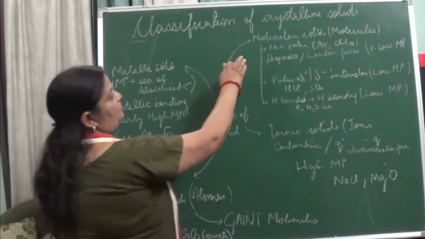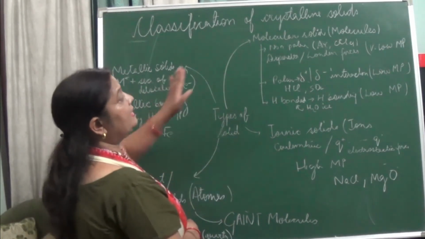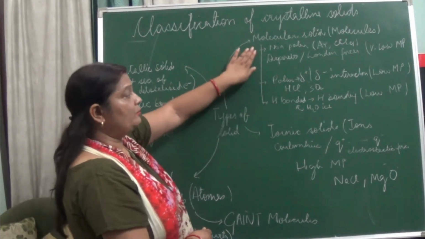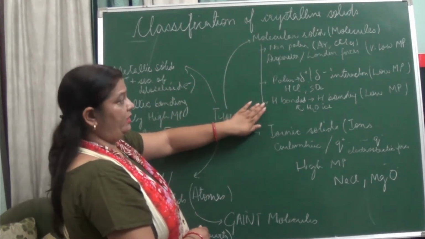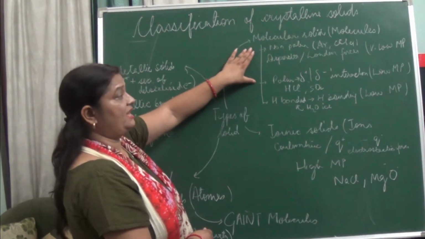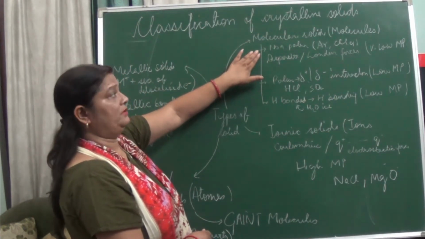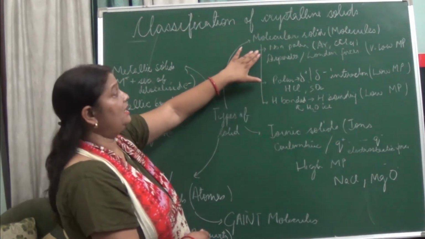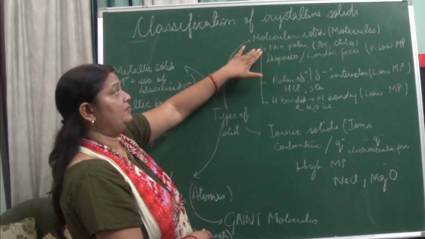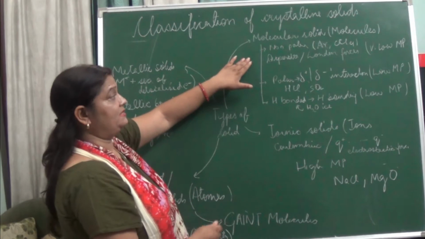Coming to the molecular solids, it is made up of what? Molecules. And it is of three types: non-polar, polar and H bonded. These all are not so strong forces, they are weak forces. When we are talking about non-polar molecular solids, it means between the atoms there is no polarity present.